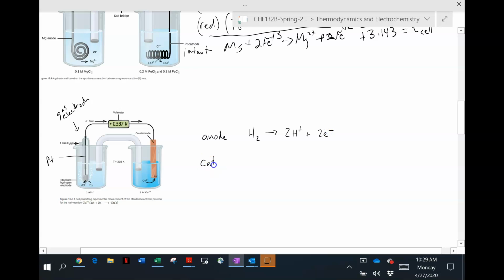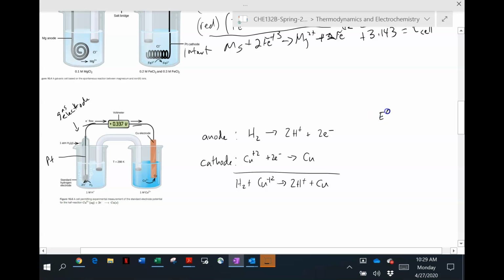And at the cathode, I'm getting that from the electron flow to make sure which way it's going. Normally I would look at the potentials, and we'll calculate the potential and see if we've got it going the right way. So over at the cathode I have copper plus 2 going to copper. That means it's picking up 2 electrons. Our electrons are balanced out, so it's just going to be H2 plus Cu plus 2 goes to 2H plus and Cu. The 2 electrons cancel out.